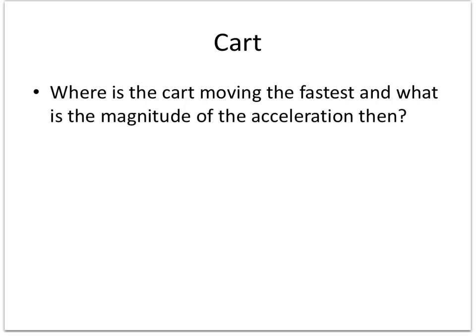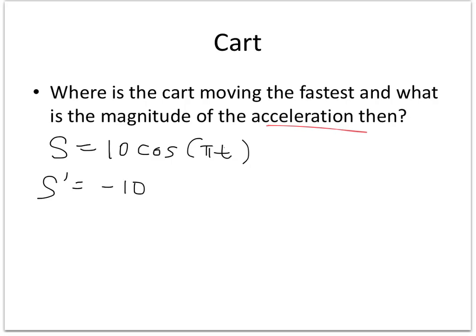Well, again, the only word that really pops out to me is acceleration, because I know acceleration means to take another derivative. So let's go back to my original function, and then we took the derivative of it and got minus 10 pi sine pi t. So I know acceleration.